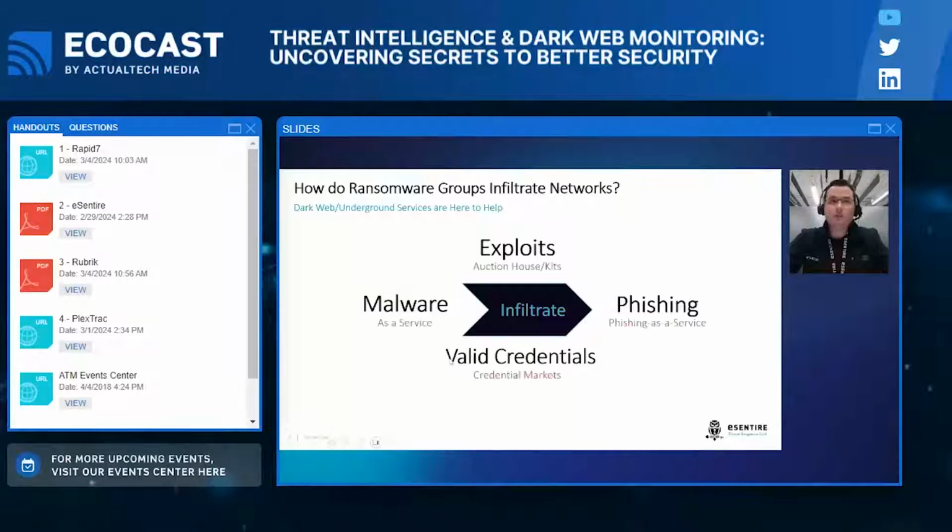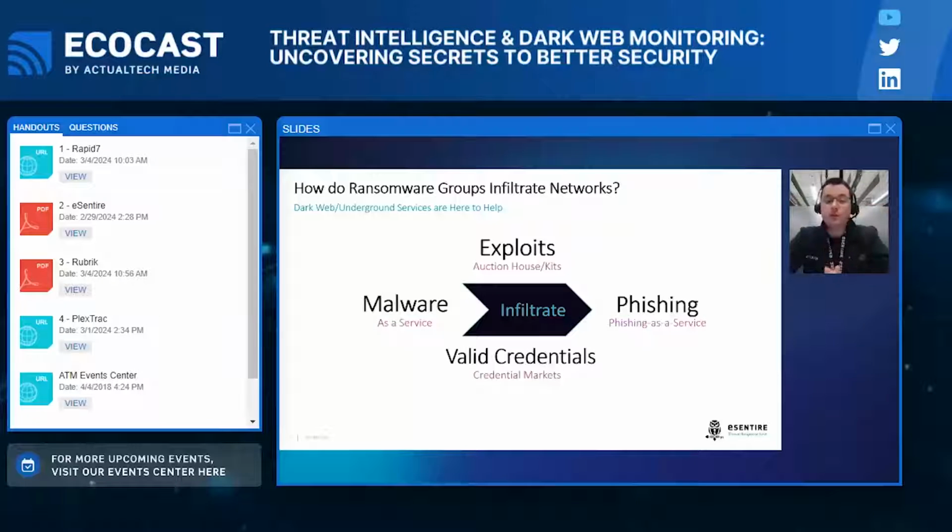So we could break it down here. For malware, we have malware as a service, literally renting a malicious program. It usually has a panel that could be used to manage the attack, and it's pretty much ready to go out of the box. For exploits, we have auction houses that sell these. These can include complete packages that are pretty much ready to go.